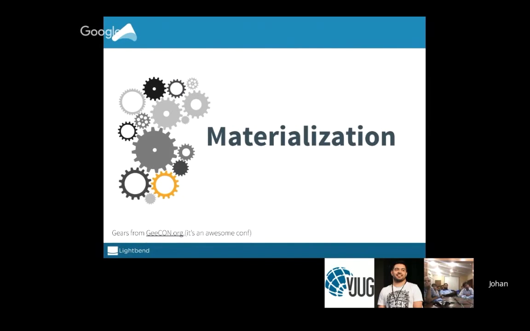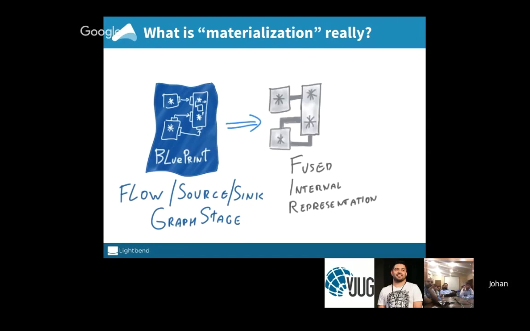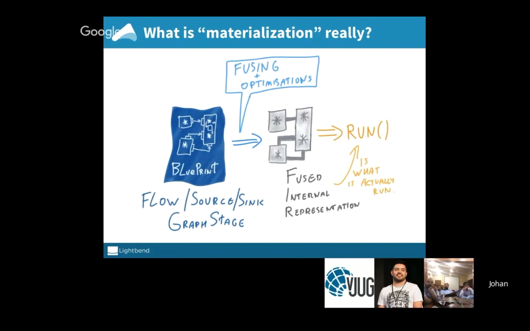So I told before that there's something called materialization. When we define a stream, we actually define something like a blueprint that describes the stream. We don't actually call it or run it right away. Internally, there are 2 steps, where the first one is called fusing, which takes this blueprint and makes it into something more optimized, and we meld things together. So for example, if there is no asynchronous boundary added, we will actually run all of the stages in the same actor.